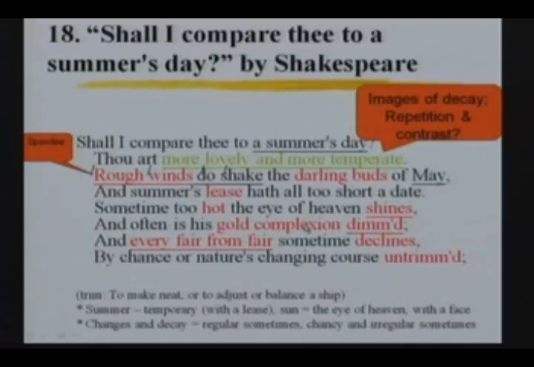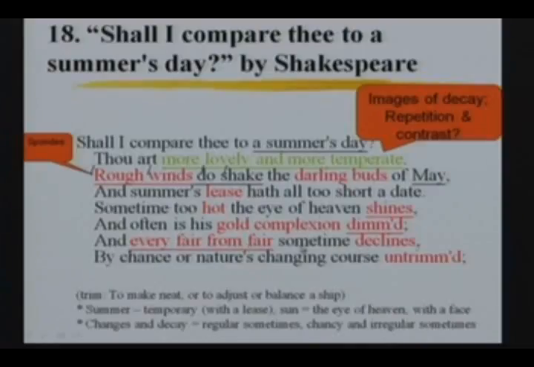And this again is an inversion of the subject and verb. 那个 gold complexion 就是那个太阳的那个面容，它的那个金色的面容。Okay, can be dimmed by clouds.